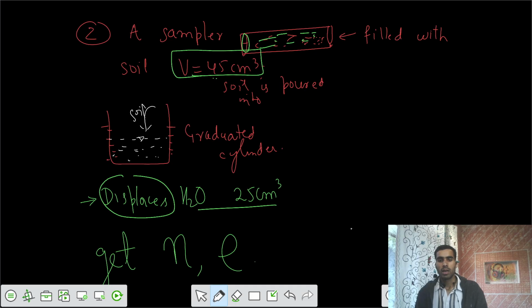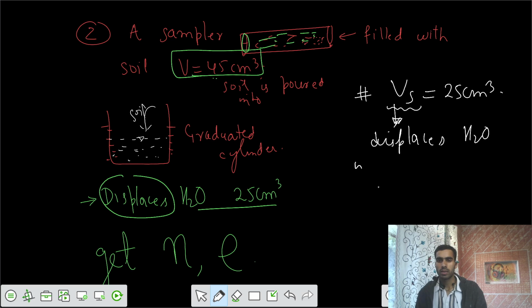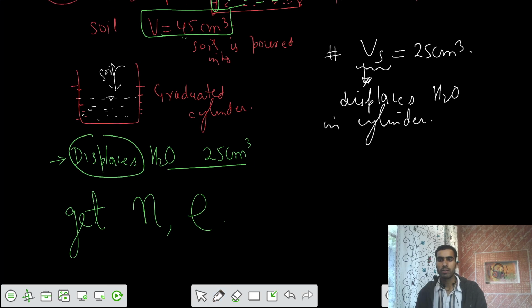That means the solution would be this way: the volume of solids would be equal to 25 centimeter cube, because those solids are the ones which displace the water in the cylinder. So your volume of solids is actually 25 centimeter cube.